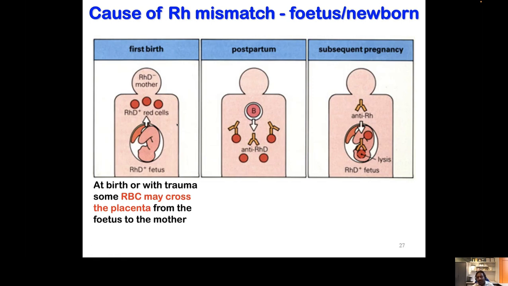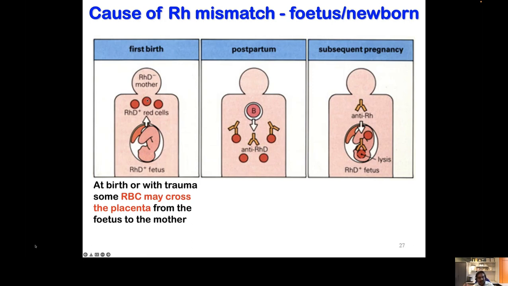So imagine the fetus is developing here with Rh positive blood. For example, the mother is A negative, but the fetus is A positive. At childbirth or during any particular trauma, some of the blood cells can leak from the child into the mother's bloodstream. This is really important.